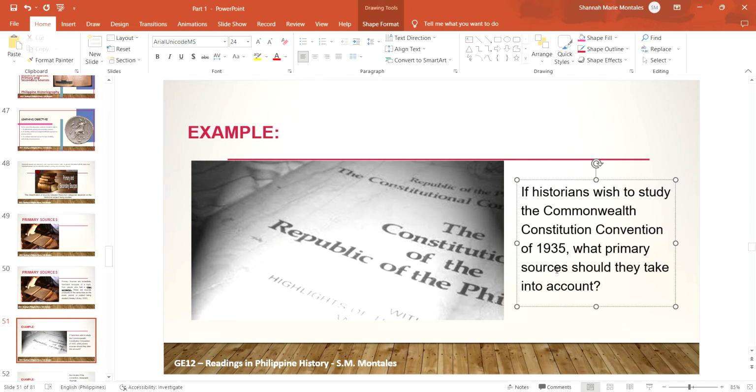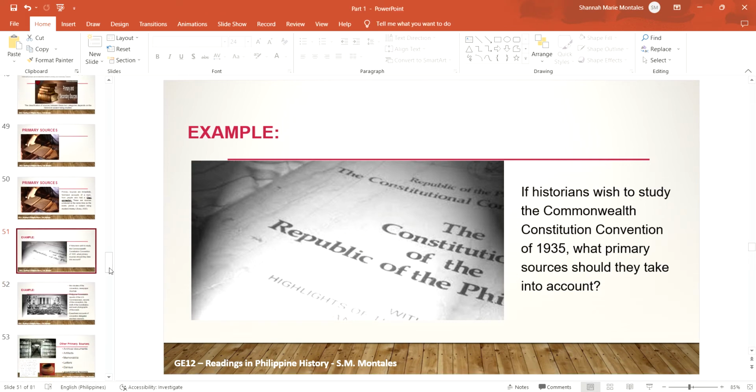So if historians want to study the 1935 Constitution Convention, when we say Constitution Convention, this is the assembly, a gathering of different persons under the Constitutional Commission who wrote and formed our 1935 Constitution. So if you would like to study that event in history, what primary sources should we take into account?